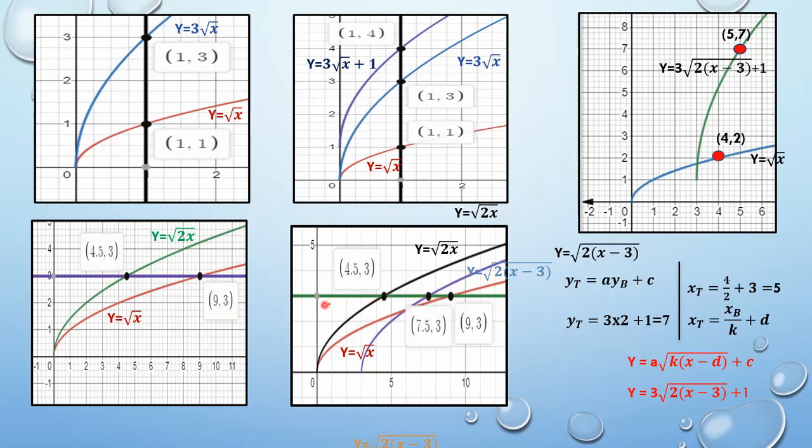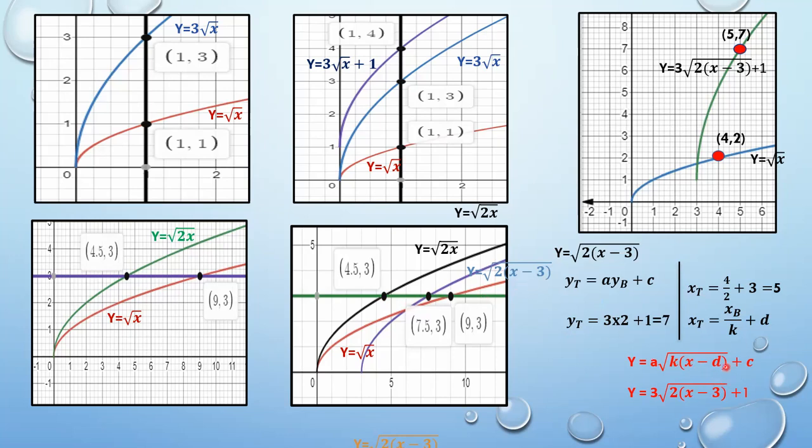It means this was compressed to this, like if you have a spring here, the spring is compressed to this, then compression is stopped. Then you just move 3 units to the right. Why? In the standard formula, this is negative.